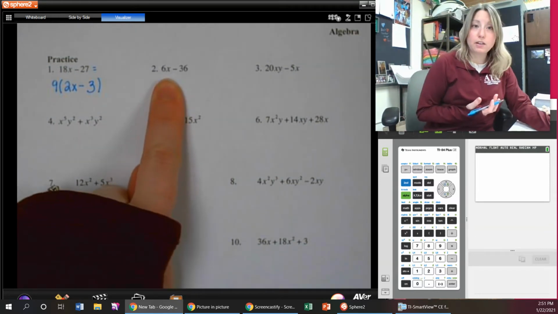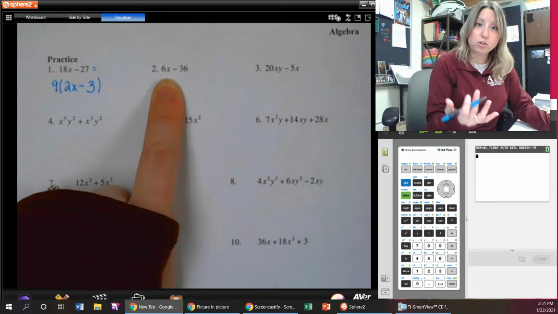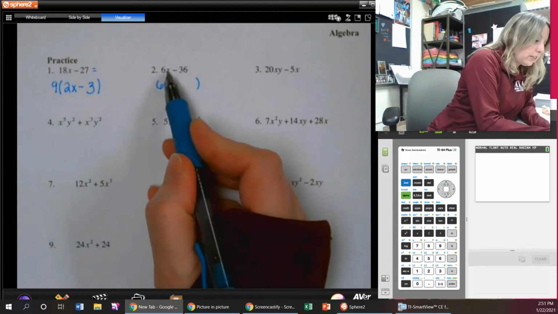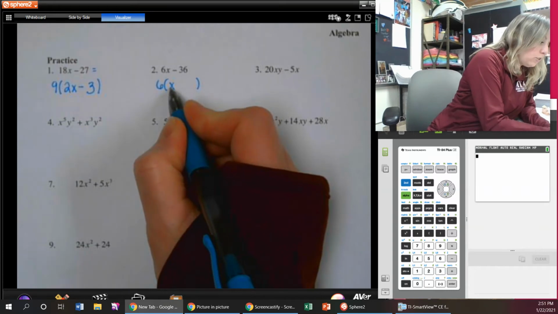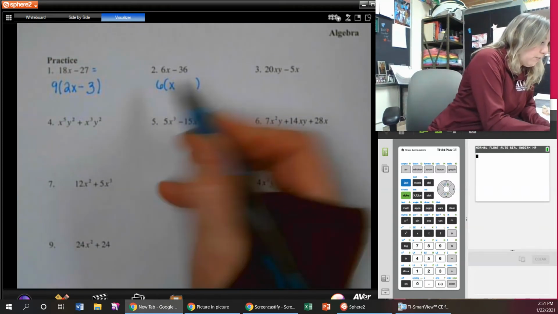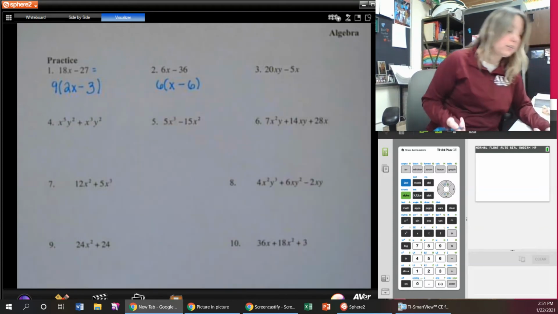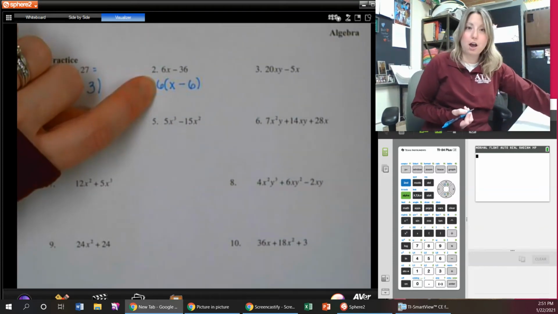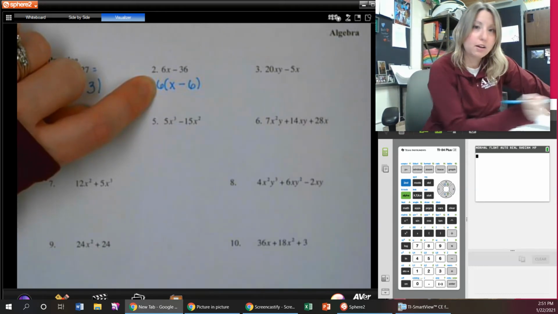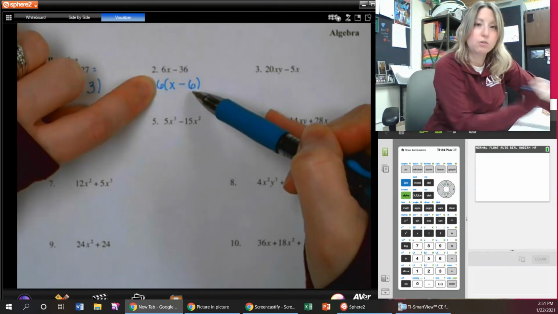Between a 6x and a negative 36, what do they have in common? A 6. 6x divided by 6 is a 1x, or just x left over. Negative 36 divided by 6, negative 6 left over. GCF on the outside, set of parentheses, leftovers on the inside. Same number of terms as the original polynomial.